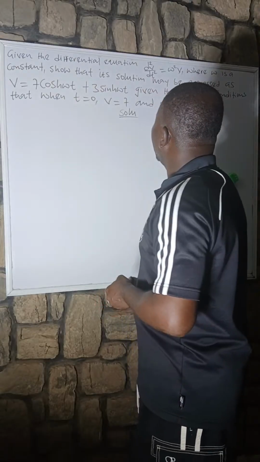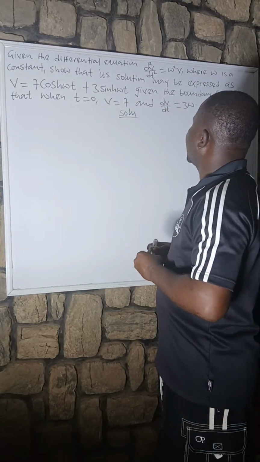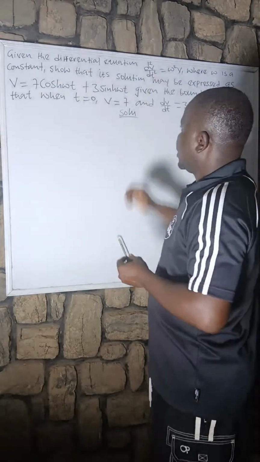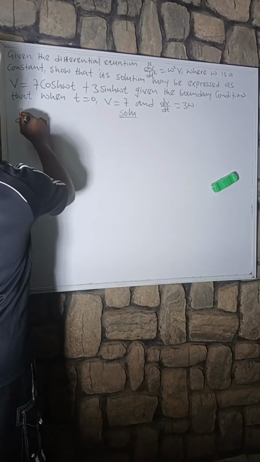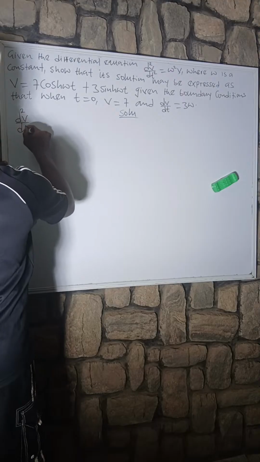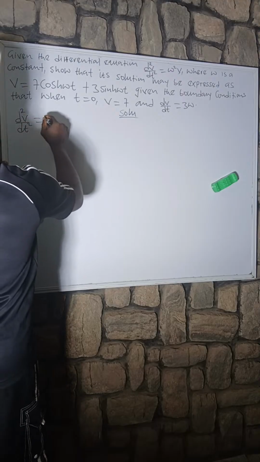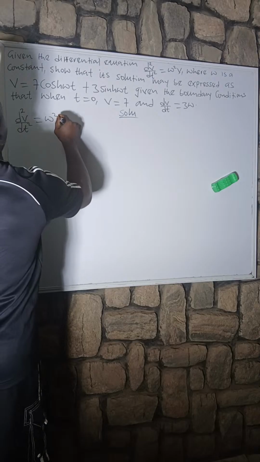So what we need to consider is to look at the differential equation: d square v all over dt square is equals to omega square v.